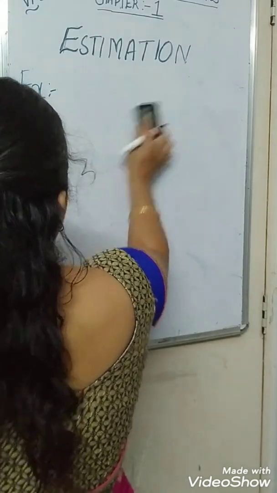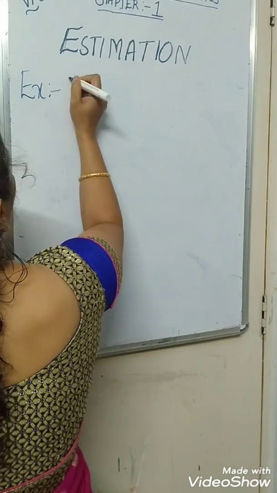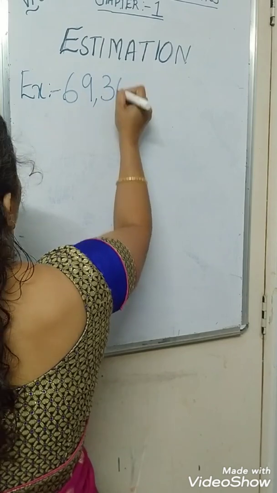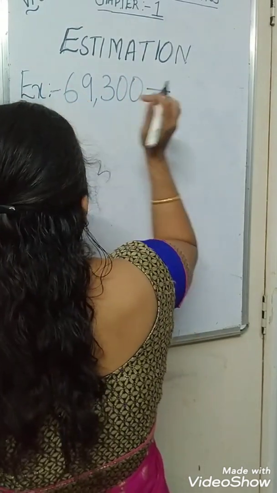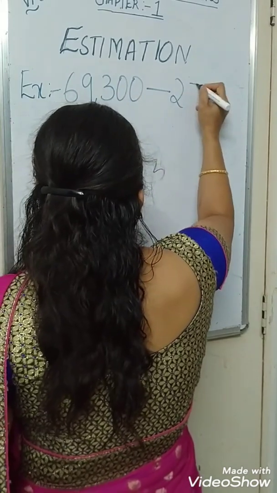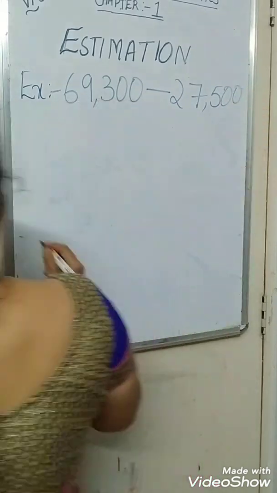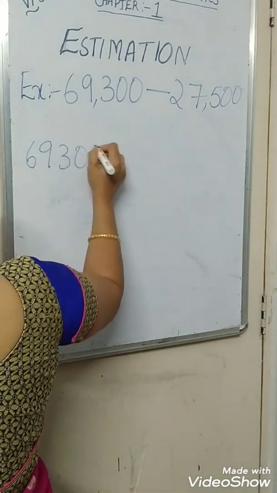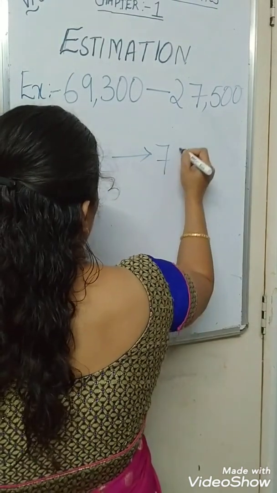Now we have 69,300 minus 27,500. Let us estimate first. 69,000 is estimated to 70,000.